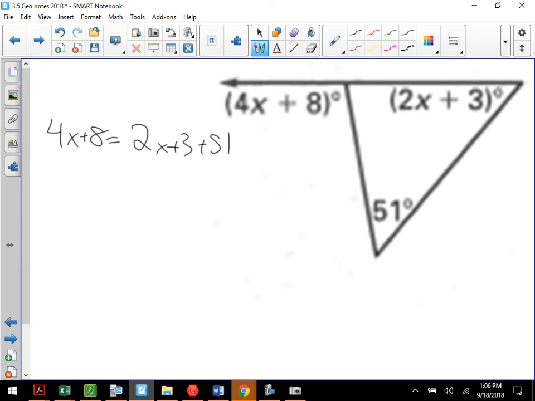The outside angle equals the sum of the two it doesn't touch. Combine your like terms. And then start moving things around. Subtract 2x from both sides. At the same time, I'm going to subtract 8.